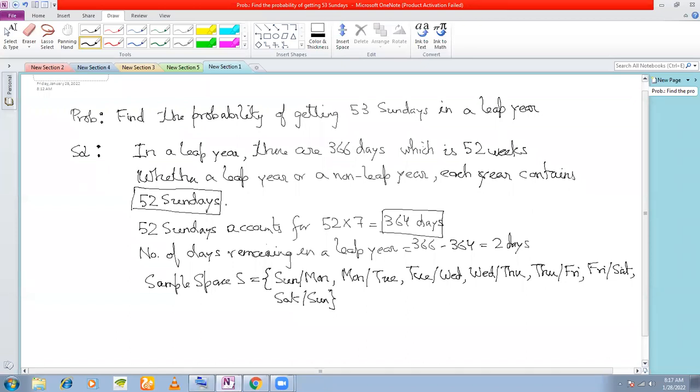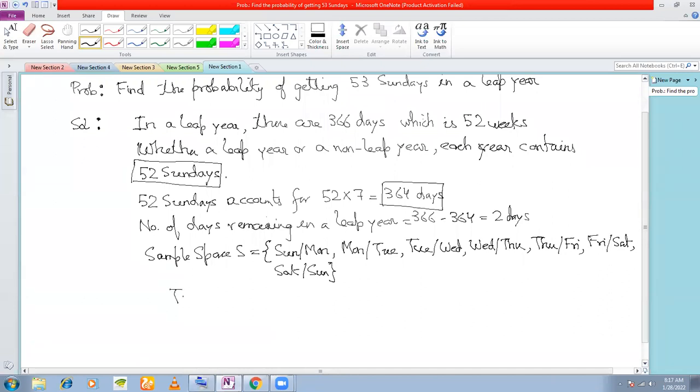These 2 days can be any of these. So the total number of possible outcomes, if you count these, you'll get 7, right?